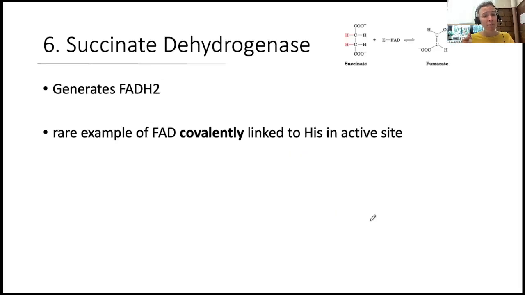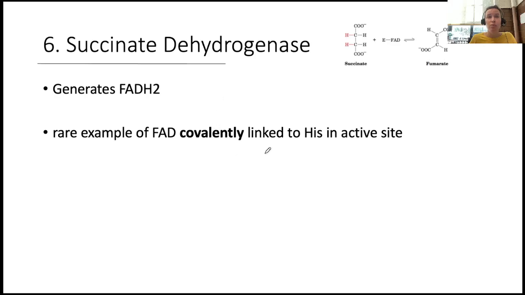Next enzyme up, succinate dehydrogenase. So we have succinate converting to fumarate. This process generates FADH2 because again you can see we've oxidized this single bond to a double bond here.